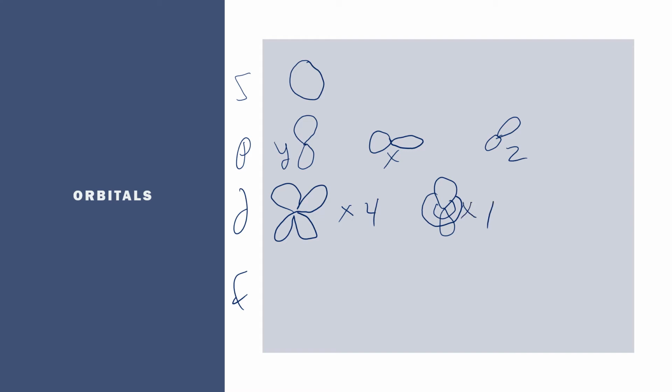So right now we have 1 s orbital, 3 p orbitals, and 5 d orbitals. F is just like a crazy bunch of balloons, and I'm not going to draw it, and you won't have to either, but just know that there are 7 of them, so 7 of those different shapes. But yeah, they're the shapes, the 3D spaces in which the electrons travel.